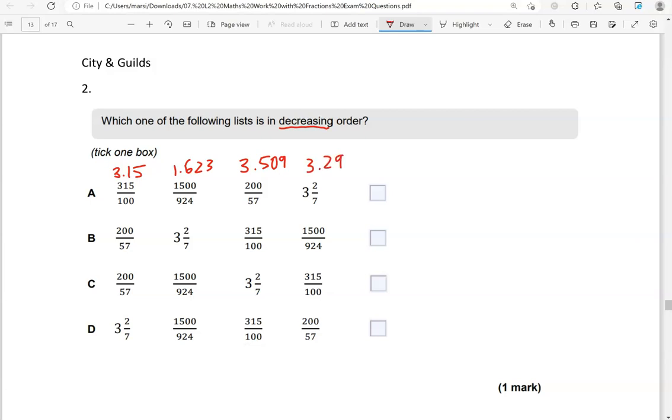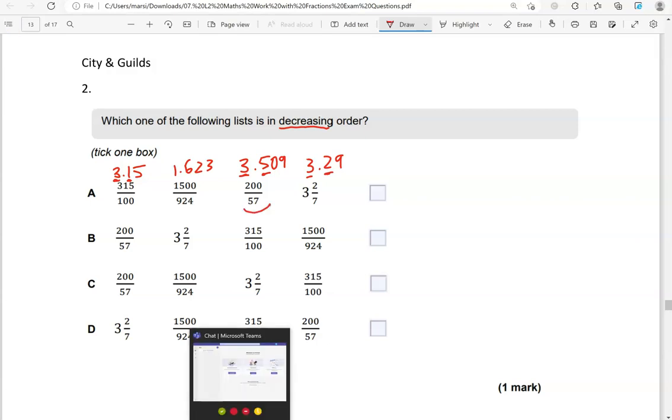Decreasing, so which one is the highest? So definitely one of the decimals that starts with 3 rather than with the 1. So to decide, we'll look at the second digit. So that's a 1, this is a 5, and this is a 2. The 5 is the highest, that's the highest fraction.